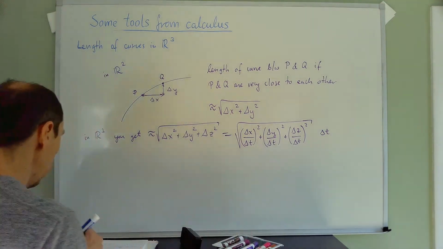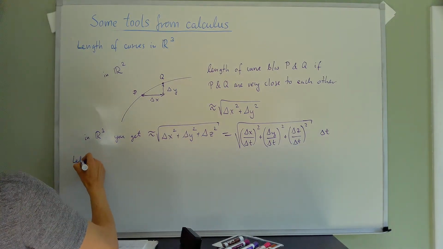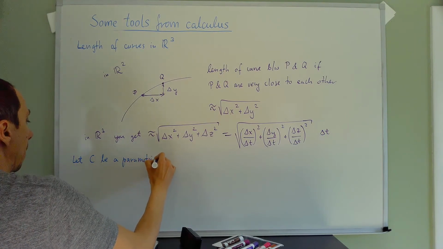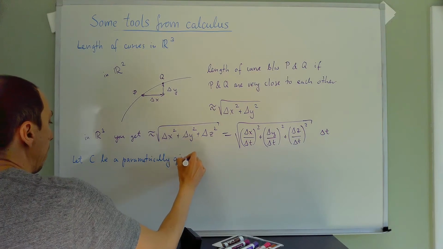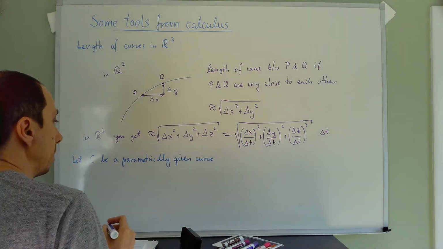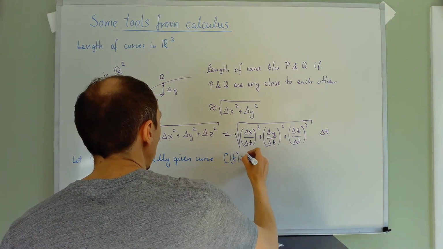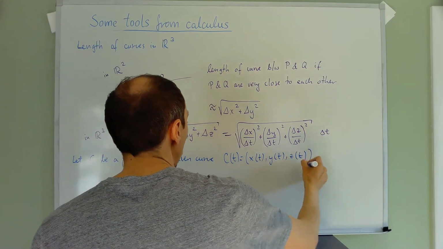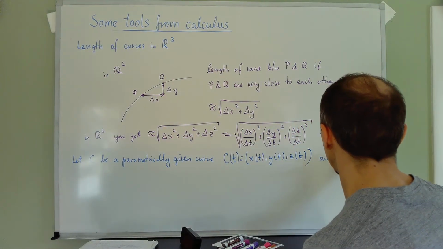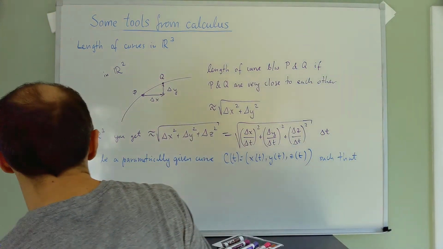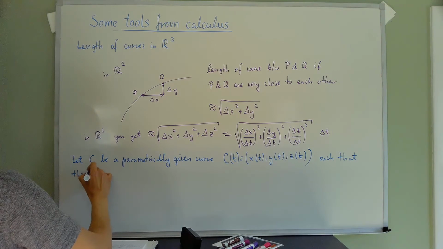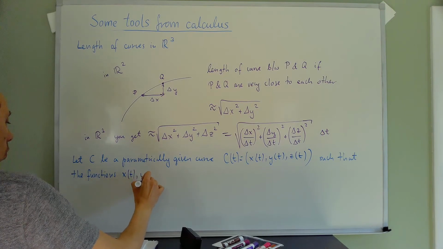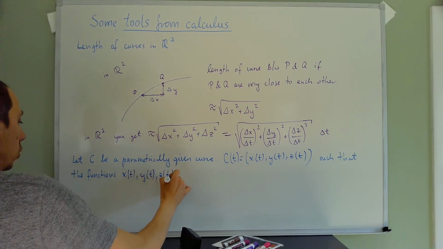So now let C be a parametrically given curve such that the functions x of t, y of t, z of t are differentiable.